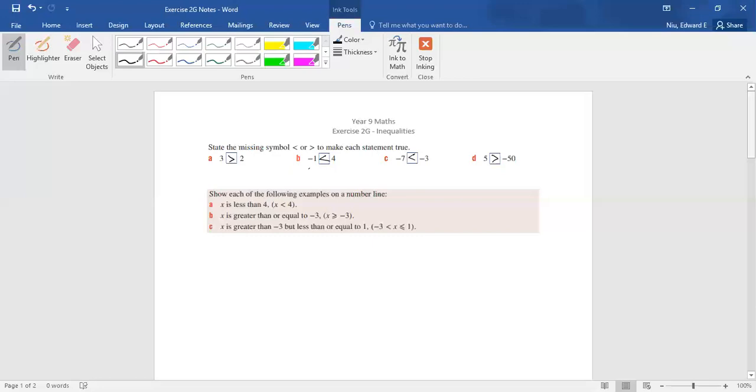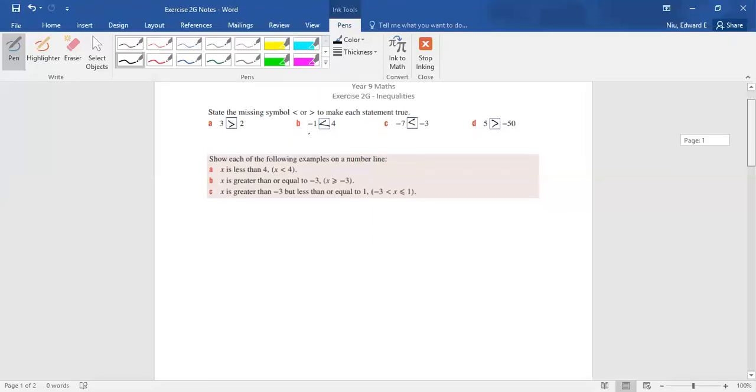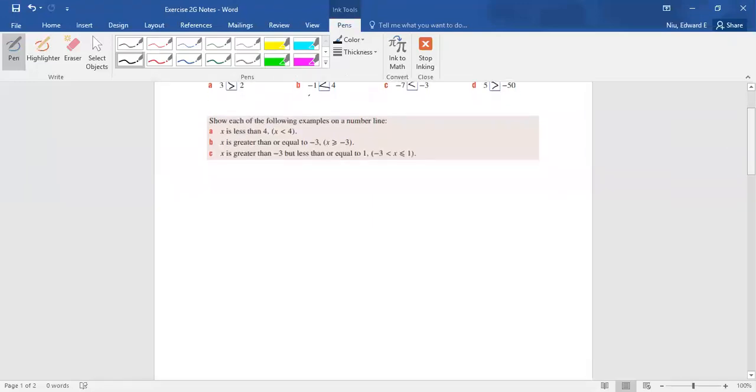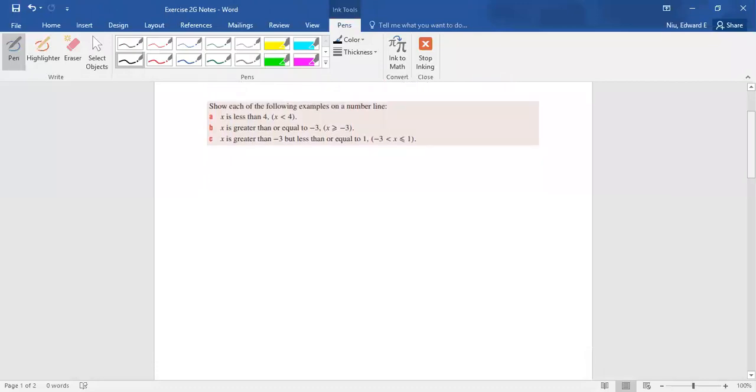Now that we understand what the signs mean and which way they point, remember they point to the smaller number, here's how we show it on a number line. So for A, if it's talking about x is less than 4, well, what we do is we draw a number line.